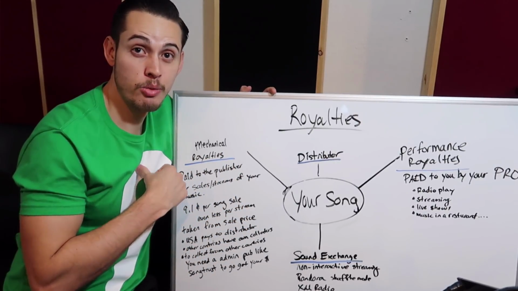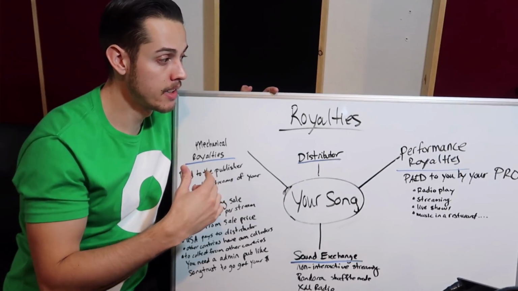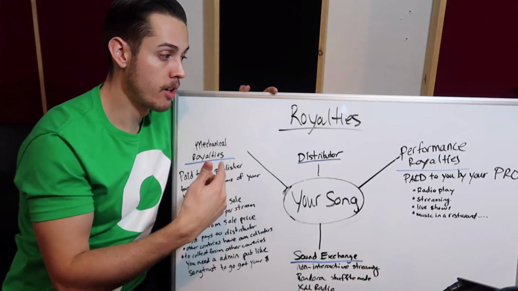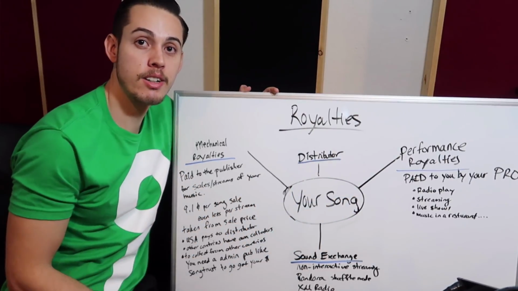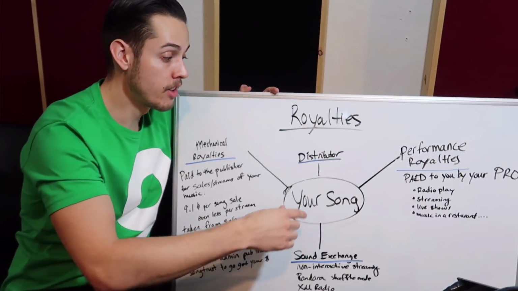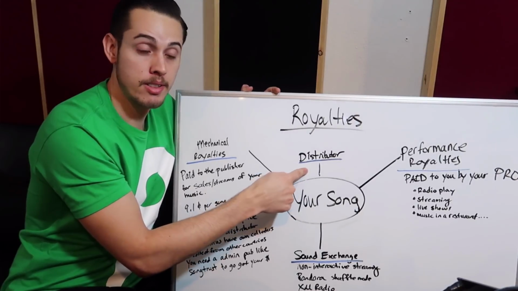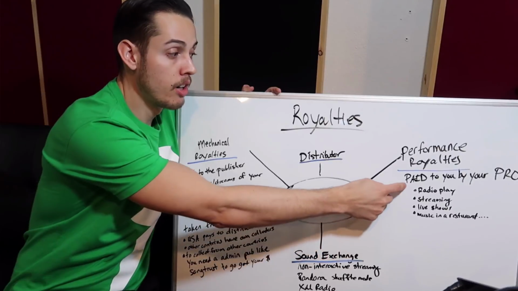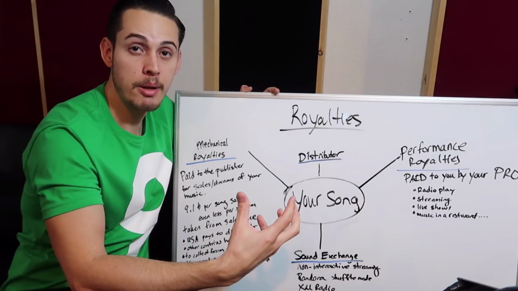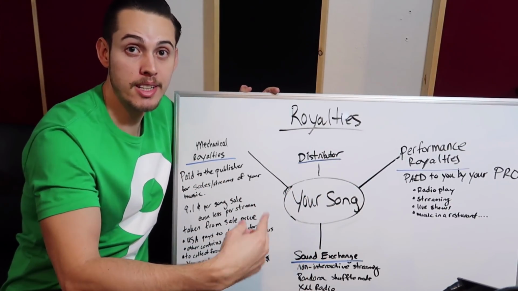I personally am registered with BMI, and they collect money from radio play and from streaming, even on Spotify. If you have a song streaming on Spotify, you're not only making money from your distributor and the mechanical royalty that's paid out, you're also earning a performance royalty when that stream is happening.